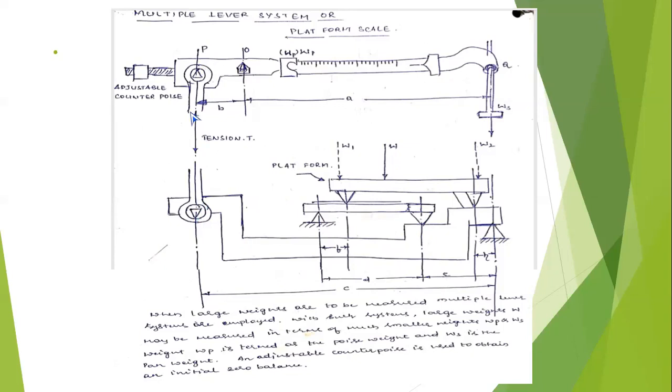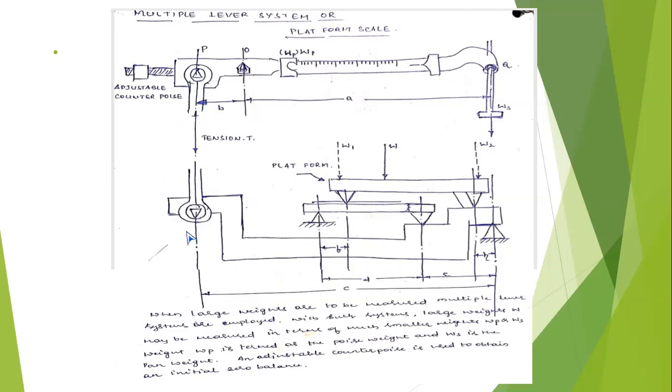This tension bar is placed on the trapezoidal knife edge. Remember, both the ends have trapezoidal knife edge. This is the tension bar.